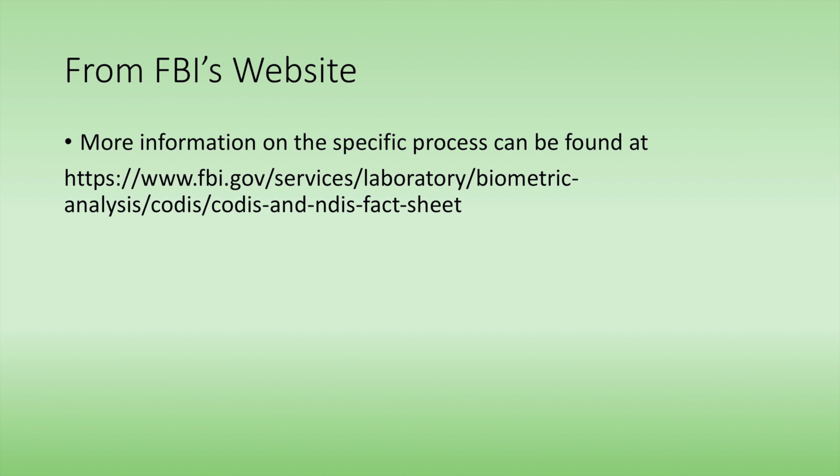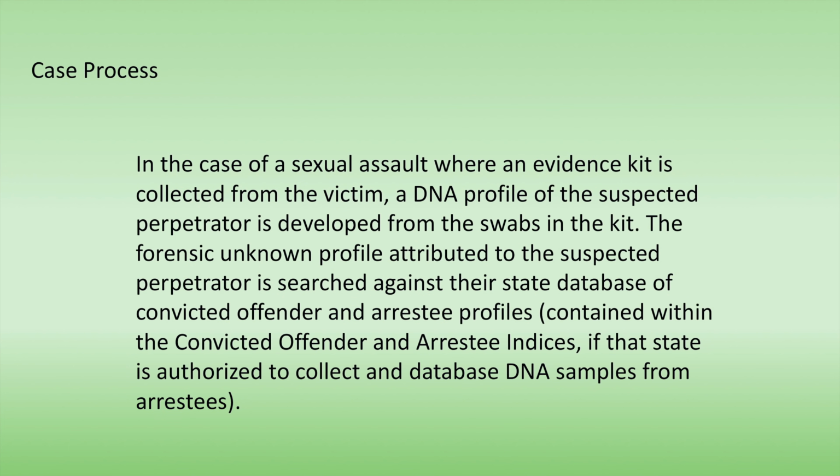As I said before, here's information from the FBI's website. That is the address. And from that website, I decided to show these next slides that show a case from when it's worked to the point that a DNA match has been made in CODIS.